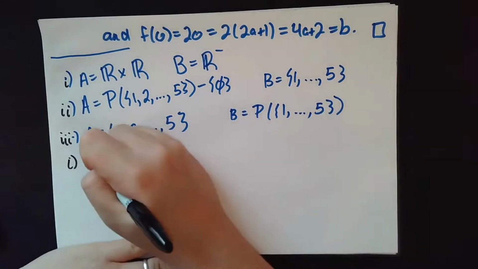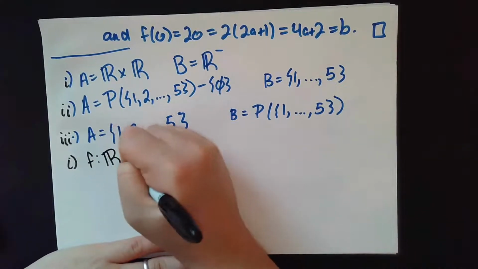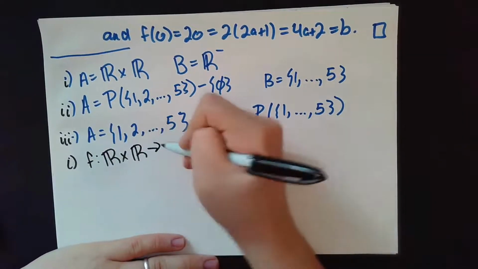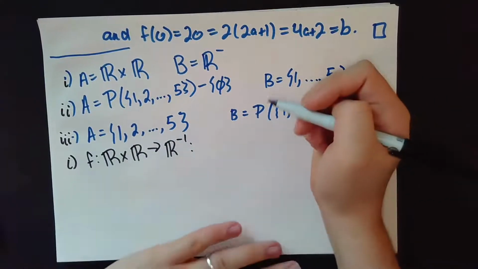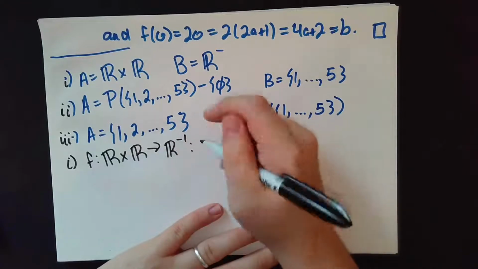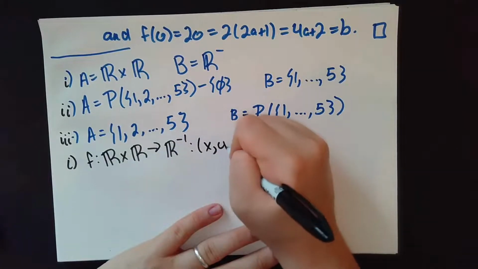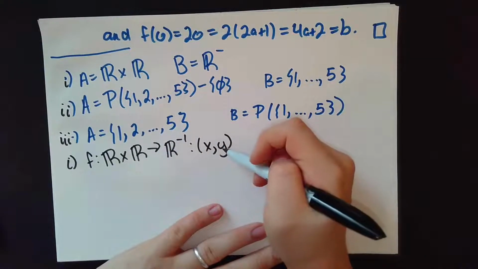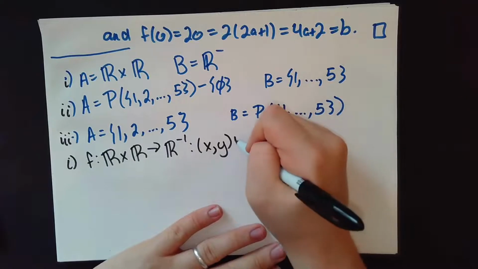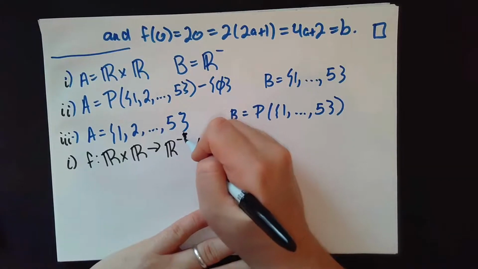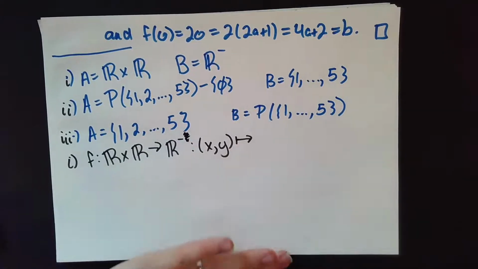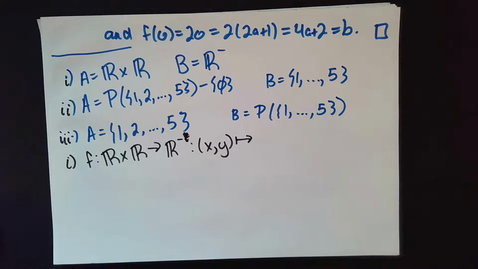I want to write down a function from R cross R that lands in R minus. And so it's going to take in an element of the Cartesian product. That's going to look like something like x comma y, where x and y are real numbers. What can I do to x and y to guarantee that I get a negative number?